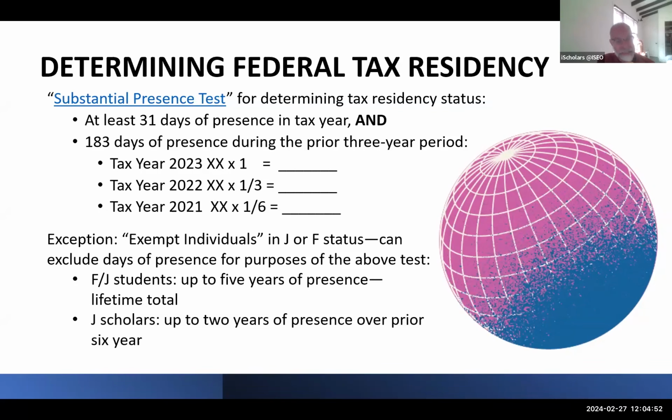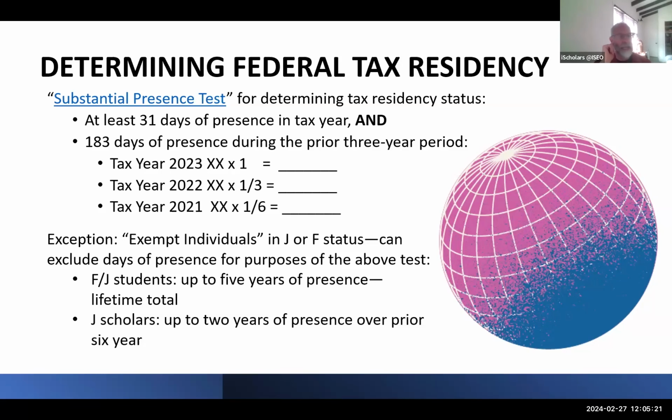In order to meet the substantial presence test, you have to have spent at least 31 days of presence in the current tax year. What do I mean by current tax year? That's the year that's under question for completing your tax. So today it happens to be February of 2024, but the current tax year is 2023.